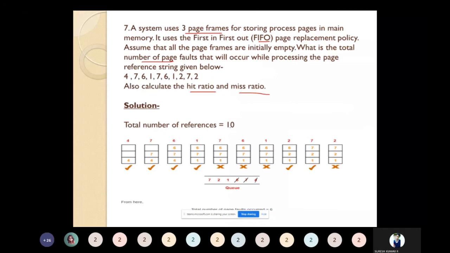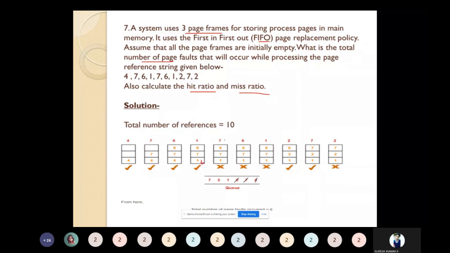Here the total number of references is 10 and the frames are 3. When 4 comes, it is placed in the first slot, the next is filled in the second, and 6 is filled in the third slot. Now 1 comes, and one page needs to be replaced. 4 came first, so 4 is replaced: 1 is placed in the position of 4.